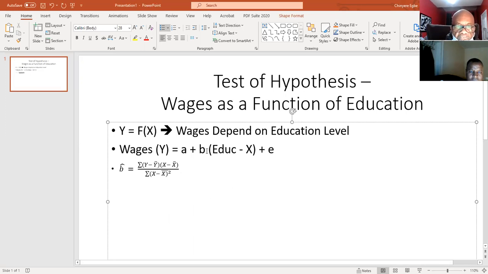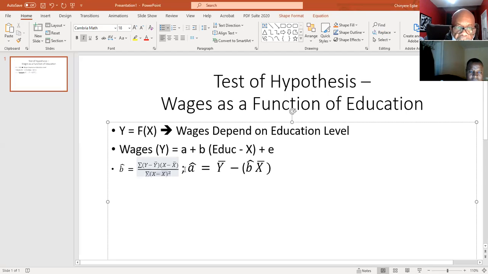So our objective here is to estimate B, the slope, and we estimate A, the intercept. B is the slope.